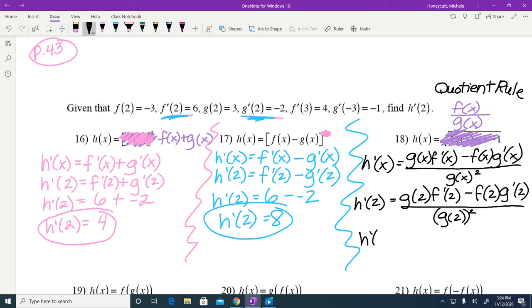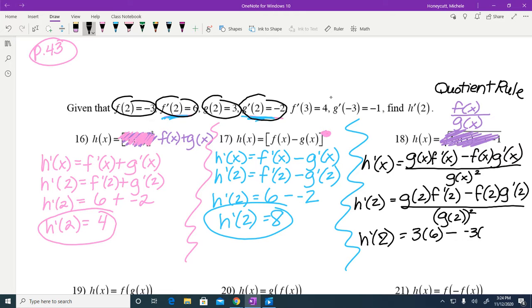So let's substitute in what we know. G of 2 is 3. F prime of 2 is 6. So 3 times 6, minus, now I need f of 2. F of 2 is negative 3. G prime of 2 is negative 2.